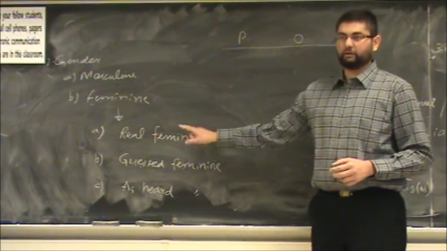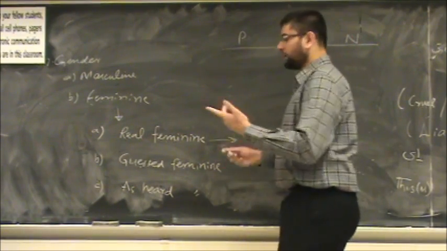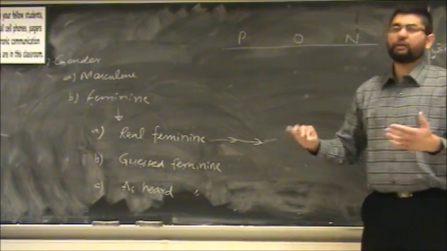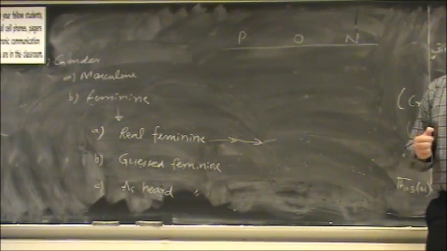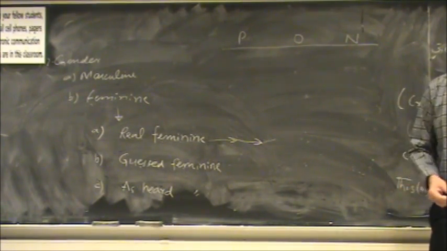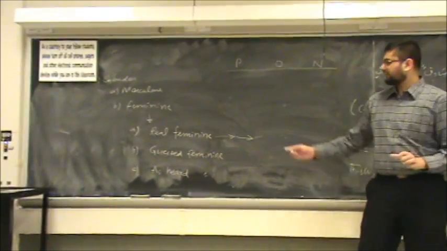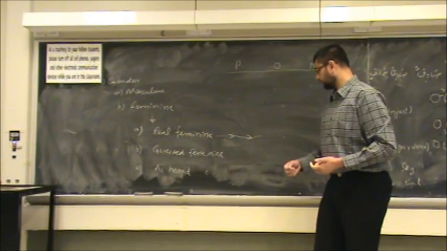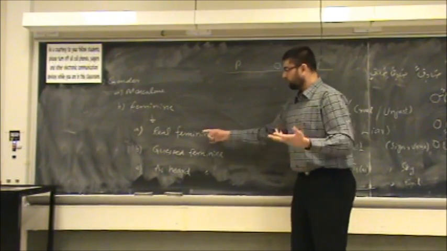So those are real feminine. Now again, they have two types. The first type is those that cannot be identified from the word. Okay, they have no identification. And the second type is which have an identification. So let's talk about both.